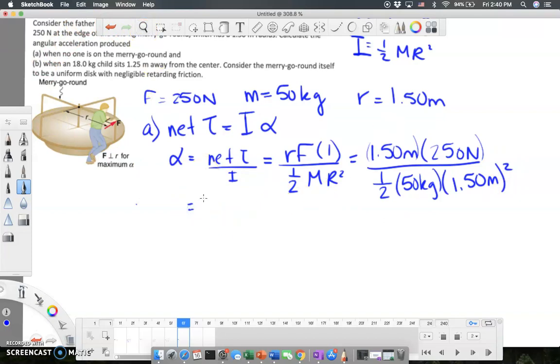So if we plug that into a calculator, we get 1.5 times 250, which is 375, and this is in newton meters, which makes sense, that's what our torque units are. And then we have 1/2 times 50 times 1.5 squared, which is 56.25, in kilograms meters squared.